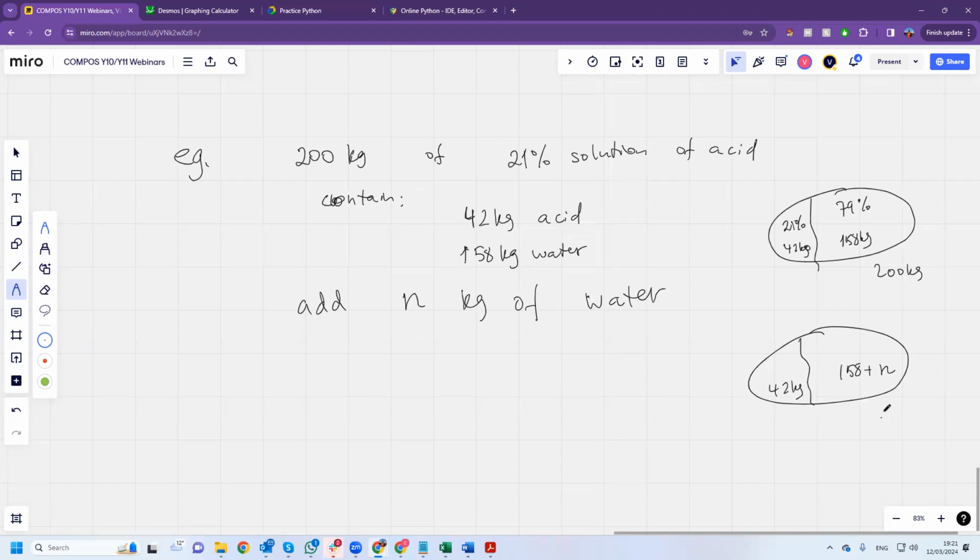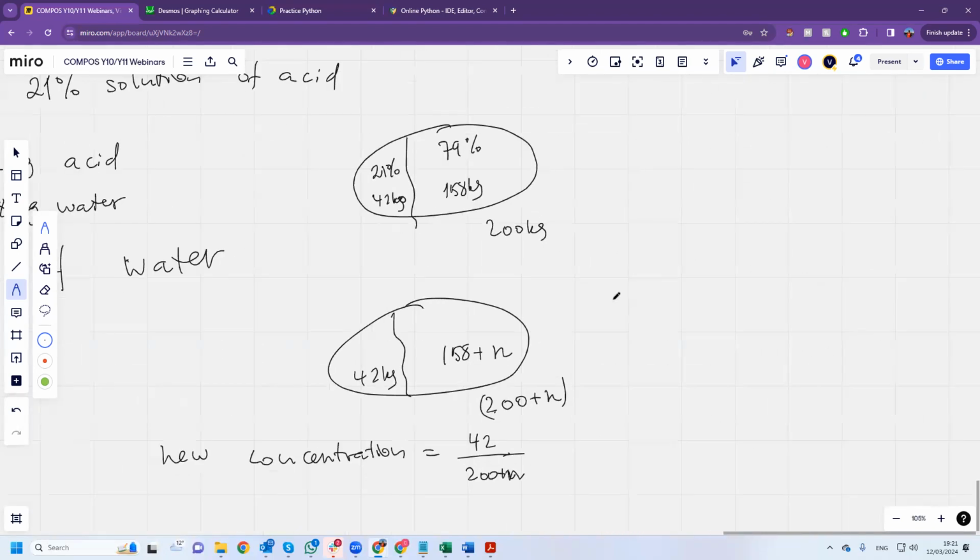And you have 200 plus n kilograms overall, and the new concentration is going to be 42 divided by 200 plus n. So my advice for you is just to draw this and try to figure it out.